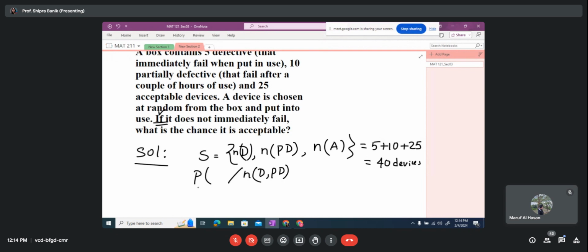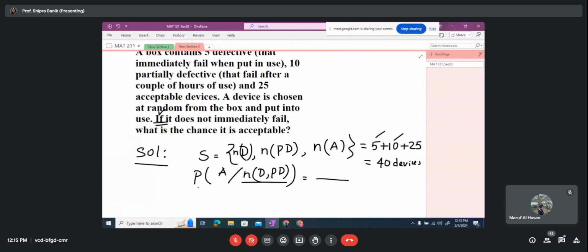I said number, because I'm talking about a total number. What is the chance that it is X? But I'll write here A. Don't be confused here. Then how many have D or PD? 15.